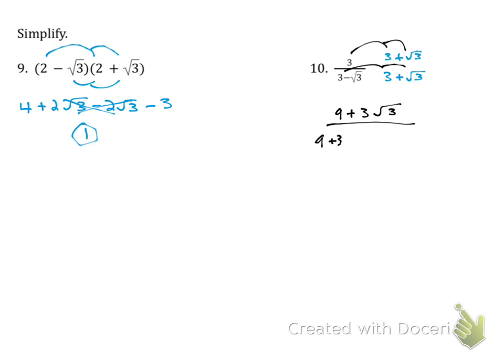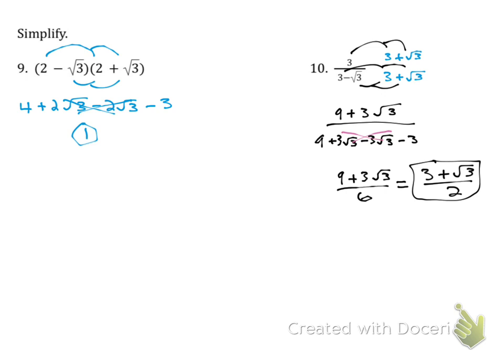Outer, 3 square root of 3. Inner, negative 3 square root of 3. Last, that'll be minus square root of 9, which is minus 3. That cancels, so you have 9 plus 3 square root 3 over 6. And then 9, 3, and 6 are all divisible by 3, which leaves you 3 plus the square root of 3 over 2.